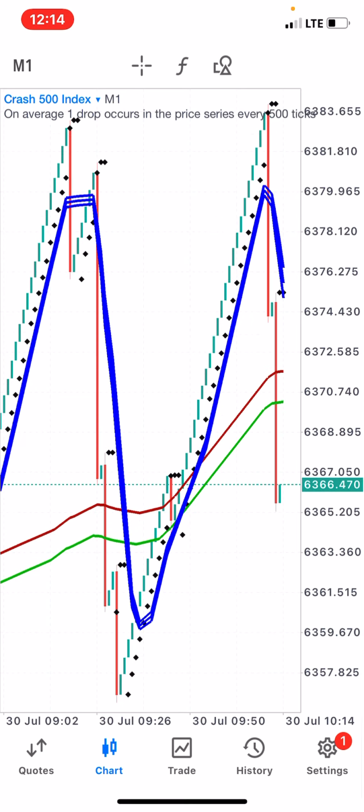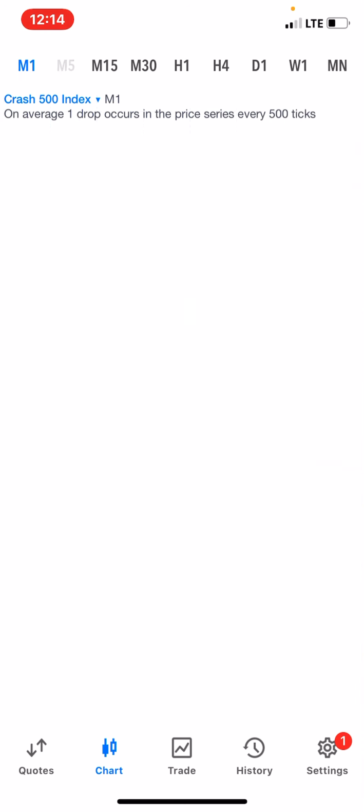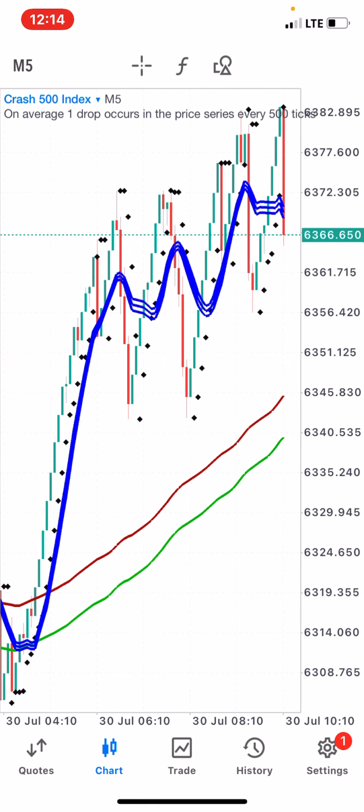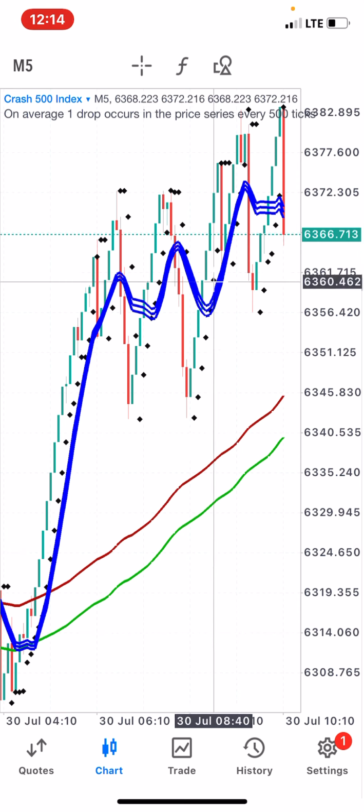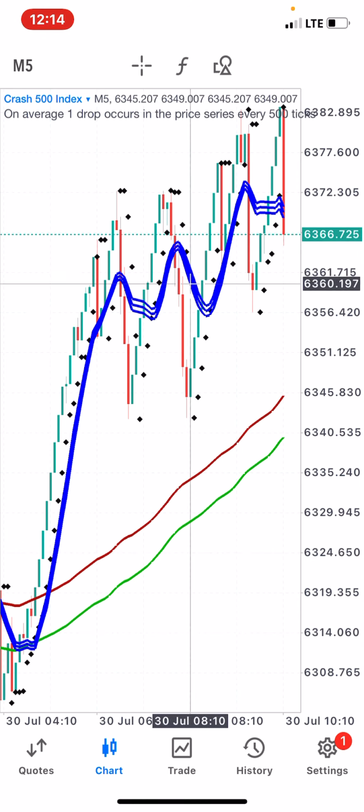Okay, so what are the conditions for you to enter into a trade? Number one, we're going to be using a top-down analysis. By that I mean that you are going to be using a higher time frame for you to understand the trend. So if you find candlesticks above the green and the red line right there, it means you're in an uptrend, right?